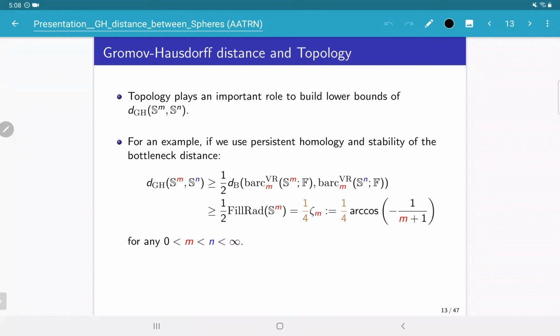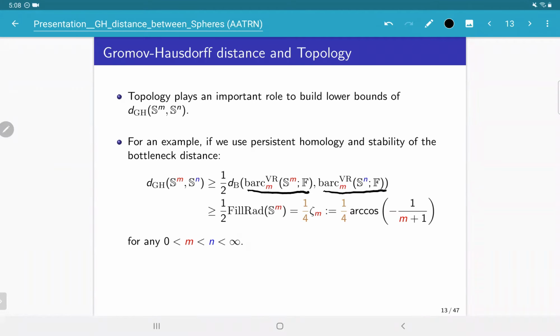Consider m-dimensional sphere and n-dimensional sphere, with m a lower integer than n. By the stability, the Gromov-Hausdorff distance between Sm and Sn is lower bounded by 1/2 times the bottleneck distance between the m-dimensional barcode of Sm and the m-dimensional barcode of Sn.